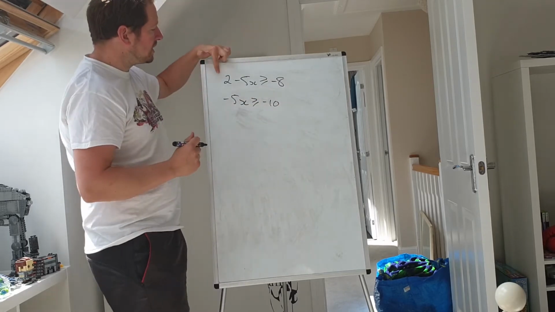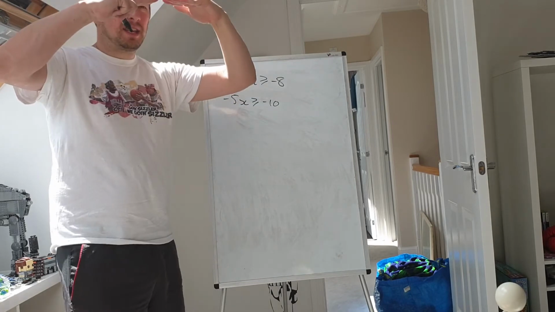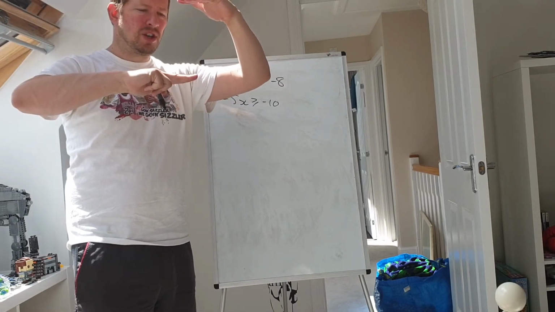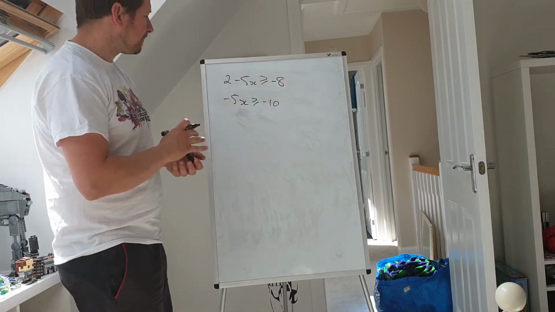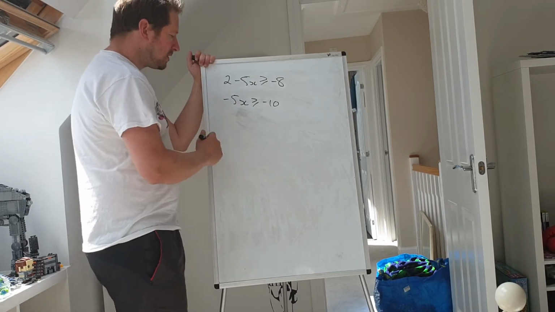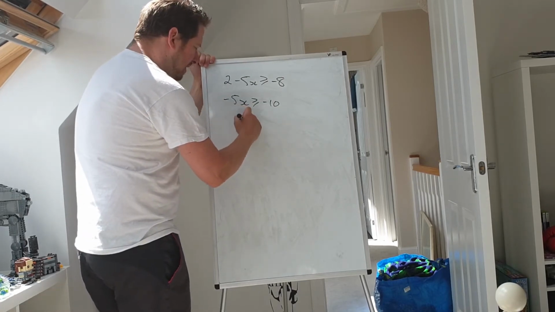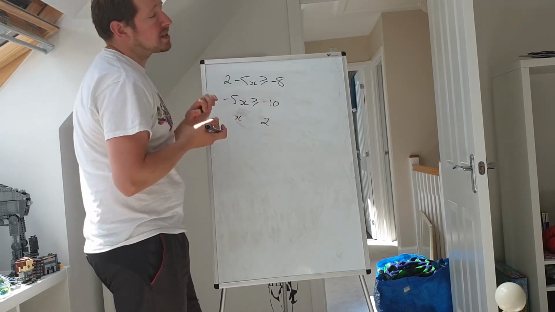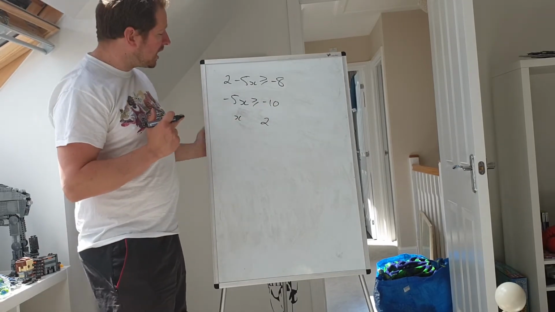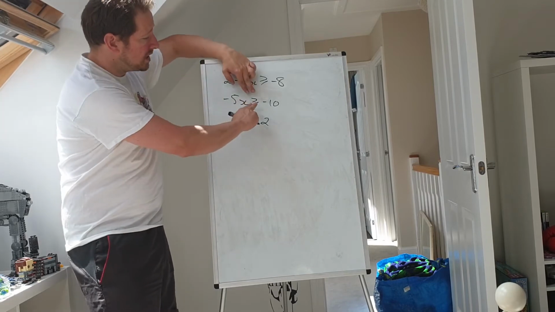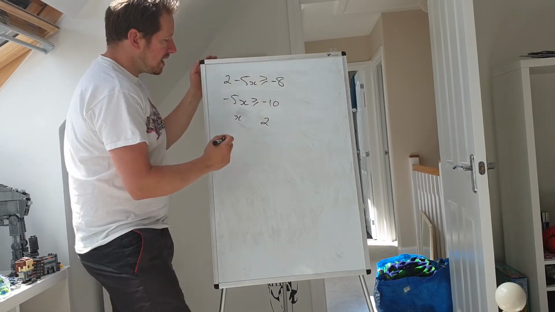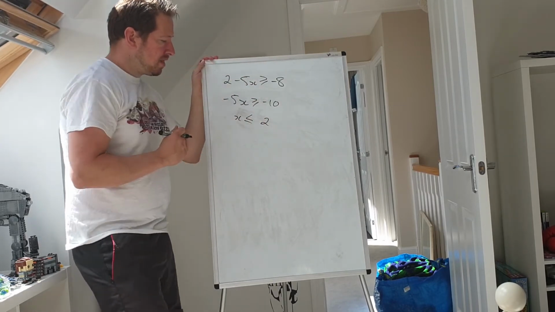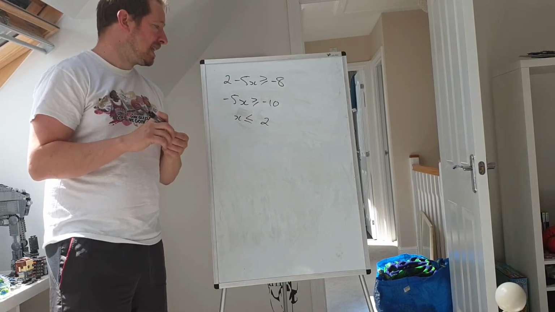Because minus 8 is a negative number, take away 2, it gets more negative, so it's minus 10. Then if I divide by minus 5, minus 10 divided by minus 5 is going to equal 2. But whenever you multiply or divide by a negative number with inequalities, the sign flips the other way. So x is less than or equal to 2.